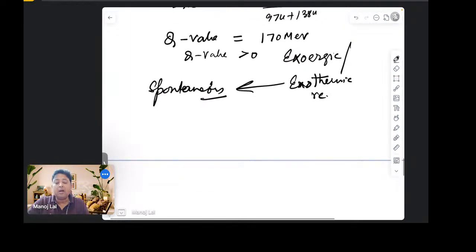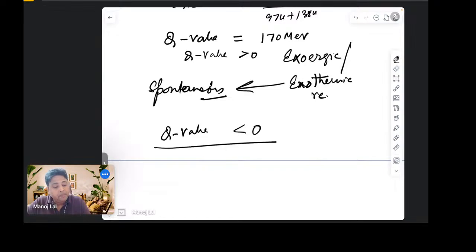But at the atomic and nuclear level, in some reactions it is not possible unless you give some energy. That means the Q value is less than 0. That means the K final of the system is less than the K initial of the system.